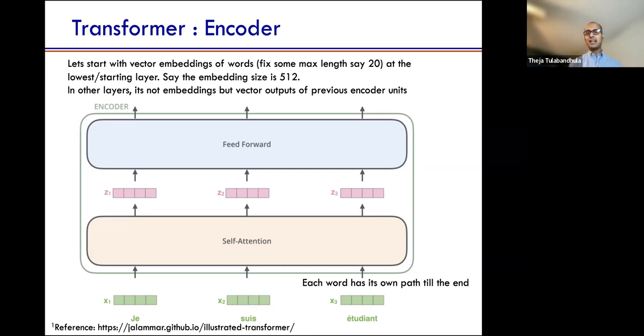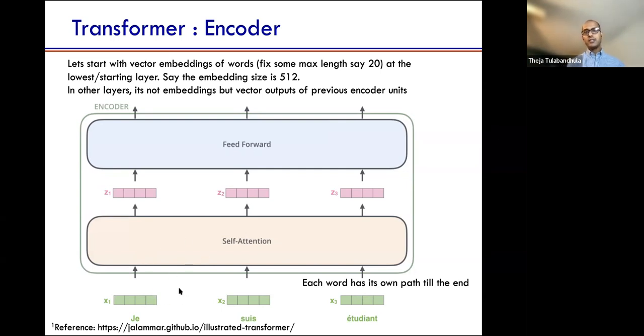If the encoder can process at most 20 words and my sentence only has 3 words, then for the remaining 17 words that I was supposed to pass in, I'll just pass zero vectors, for example. And let's assume that the embedding size is something like 512. That doesn't matter for now.